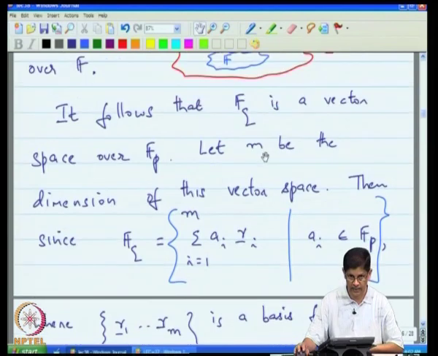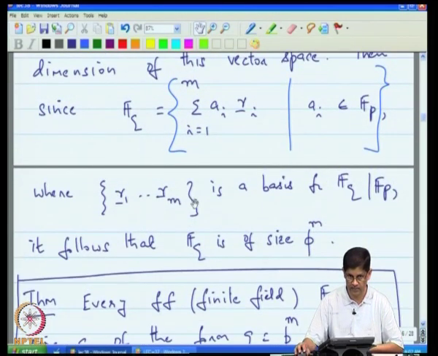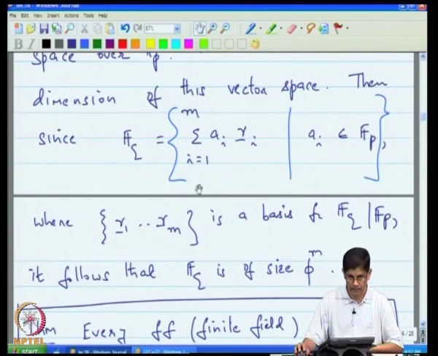So, I am letting m denote the dimension of this vector space, that is why the basis has m elements. The property of the basis tells us that every element in the vector space has a unique expression as a linear combination of the basis elements.